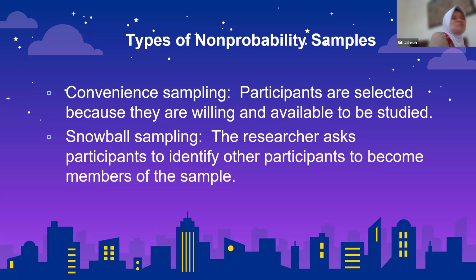First you ask one person to be the sample, and then this person appoints another student as the next sample, introduces you to the second one, the second introduces you to the third, the third to the fourth. It's getting bigger and bigger. That's snowball sampling.